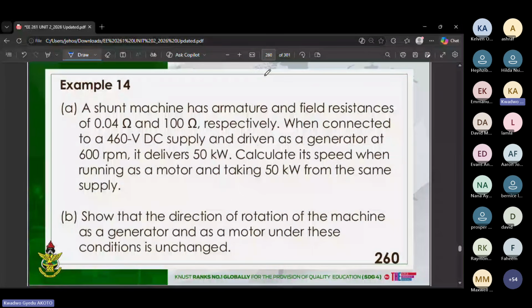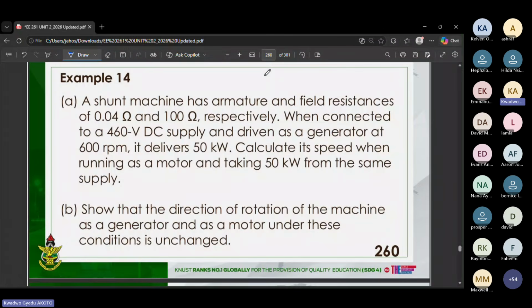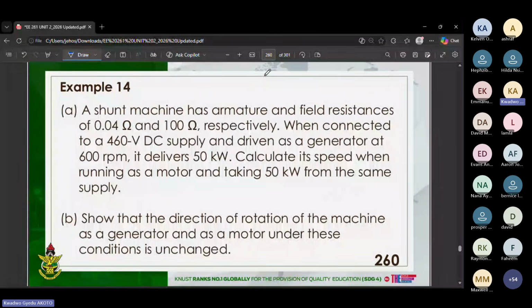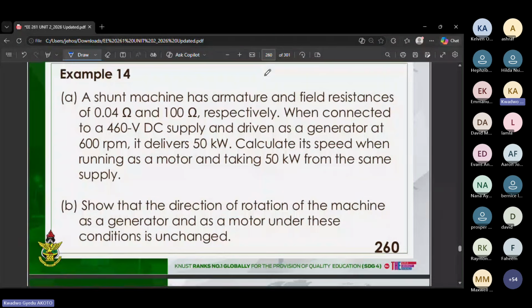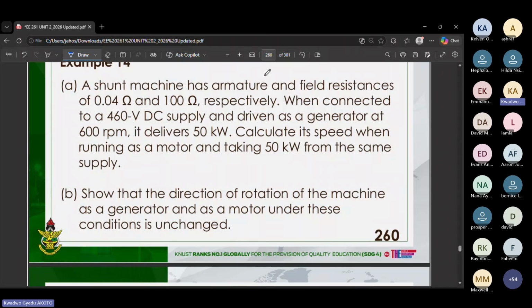Calculate its speed when running as a motor and taking 50 kilowatts from the same supply. So now we're going to look at it as a generator and as a motor. Show that the direction of rotation of the machine as a generator and as a motor under these conditions is unchanged. So the direction as a motor and as a generator is going to be the same, and we should now prove why it will be the same.